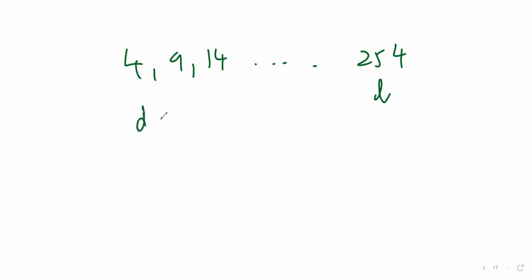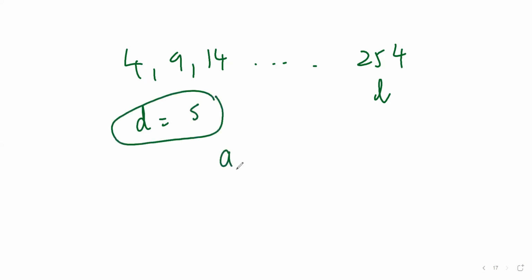Then if they ask you, I'll just take one example. Like 4, 9, 14, there's an AP here. The last term is 254. Find the 10th term from the end. So this is the last term. In the normal sense, what is D? 9 minus 4 or 14 minus 9, which is 5.